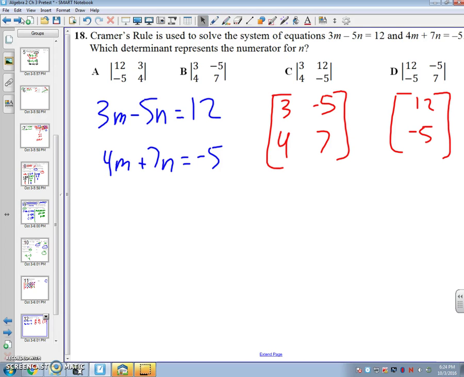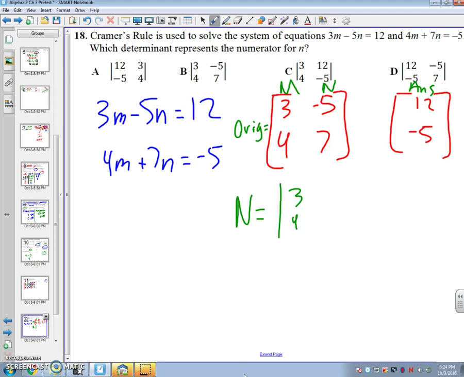Now this first one is the original, which we will need for the bottom. Now if we want the n, we replace the n column of the original. This was m, and this was n, this was the answer. If on n, I replace the n column with the answer, so I keep m alone.